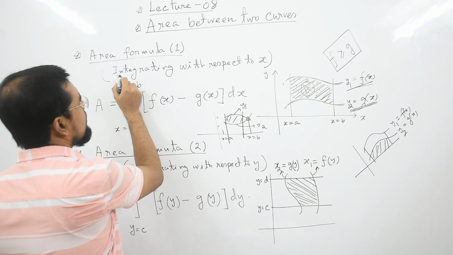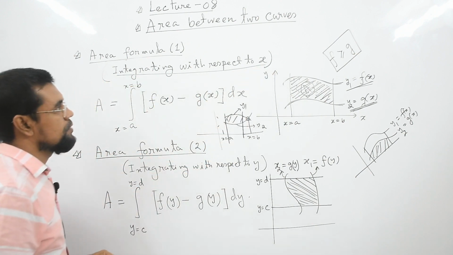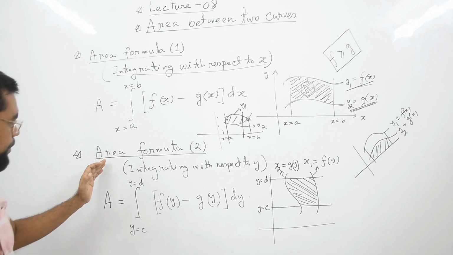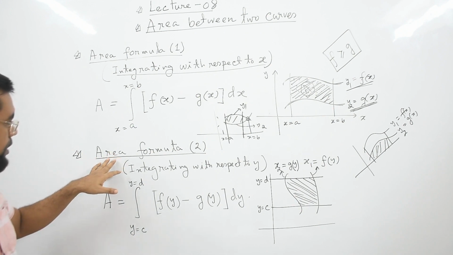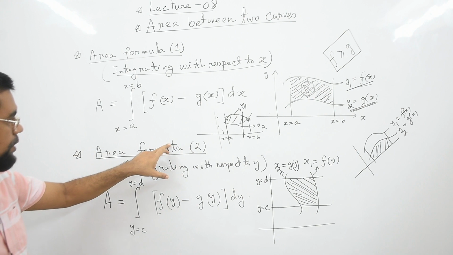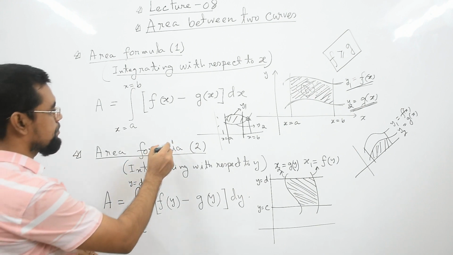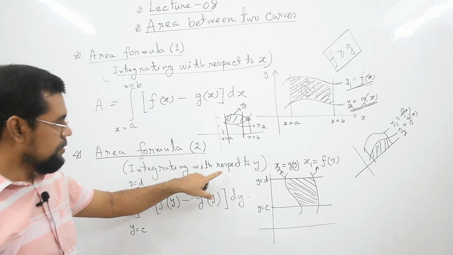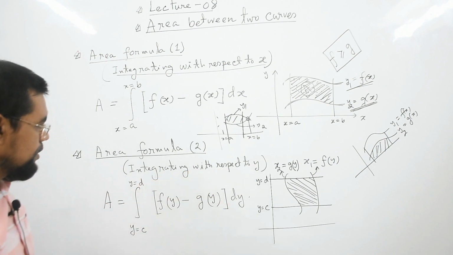So you see, in area formula 1 we are integrating with respect to x, and there is another formula, which I call area formula 2, where you need to integrate with respect to y. Why?